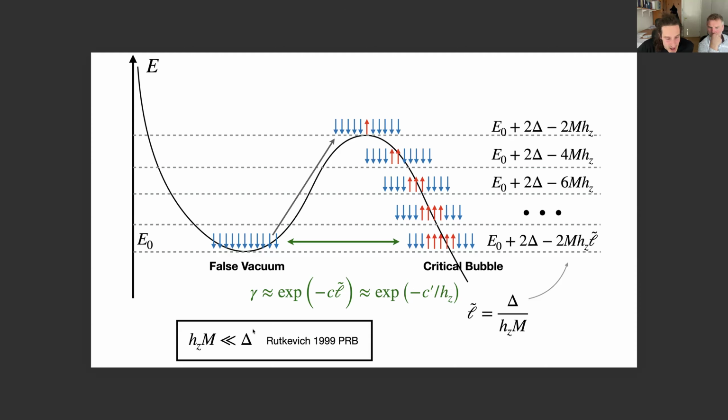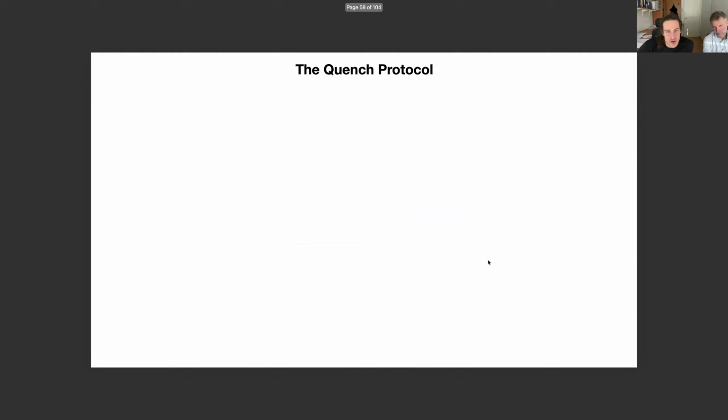But then this was generalized by Rydberg in his work, outside this limit where we are in a small transverse field. It was generalized in a way that it essentially holds if the energy difference between the vacua is still relatively small with respect to the energy gap. This gives us our theoretical prediction.